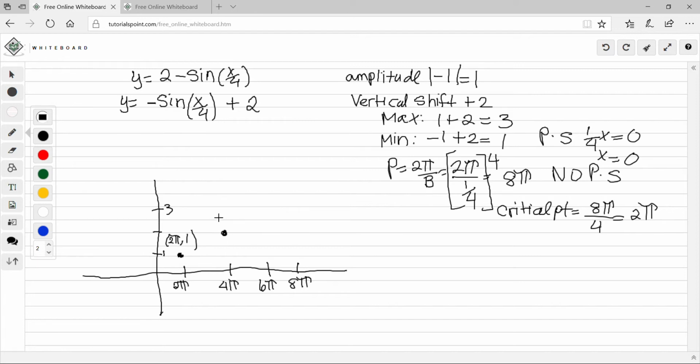So this is 4 pi, positive 2. For 6 pi, you get positive 3.